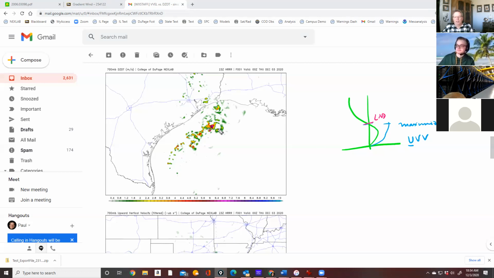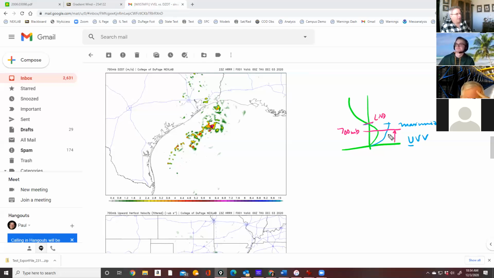But if we assume 700 millibars is very strong, we are probably going to get some pretty good rising air up to that point. So wherever by 700 millibars we see strong vertical velocities, that tells me the air must be doing what from the ground to that point, which is only maybe 3 kilometers up?